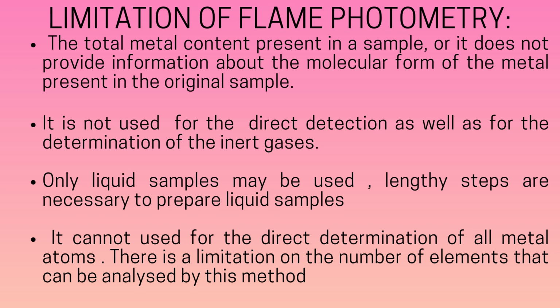The preparation procedure is also very difficult. It cannot directly determine all metal atoms. The flame intensity is very low, so only a limited number of metals can be excited.